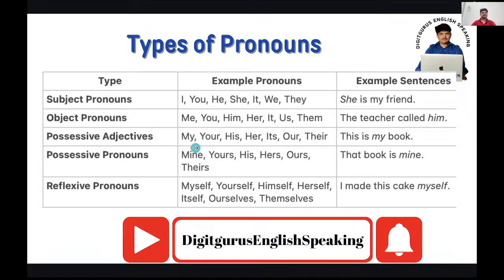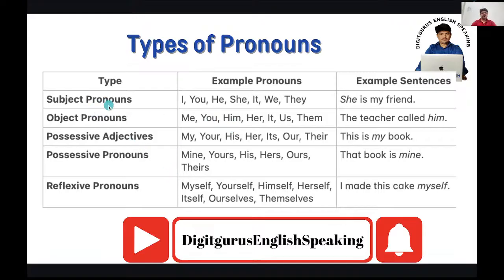Possessive pronoun. In subjective pronouns, we learned about that. Possessive adjective, I mean to say, possessive adjective. We use subject pronouns when the pronoun is performing the action in a sentence.